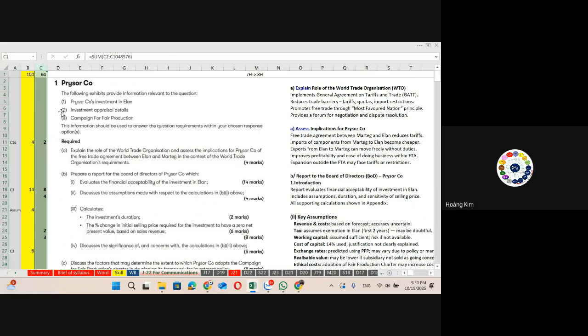Let me introduce these tools. Look at column A: I want to reference which syllabus areas the AFM exam focuses on.